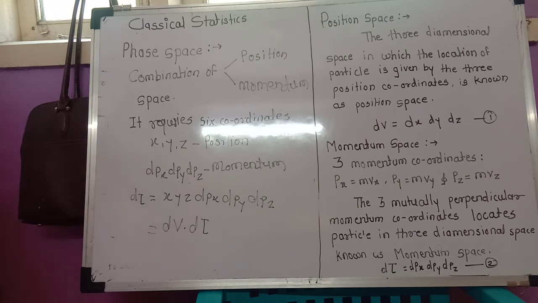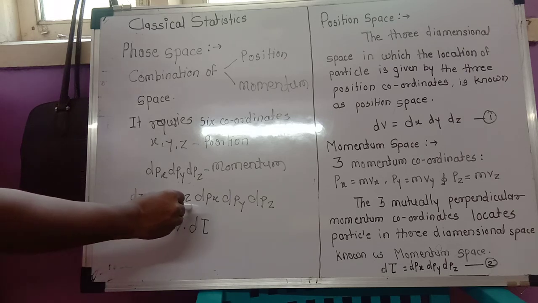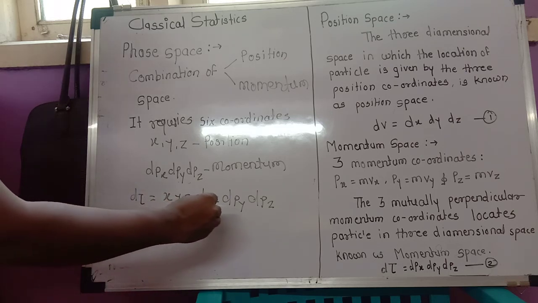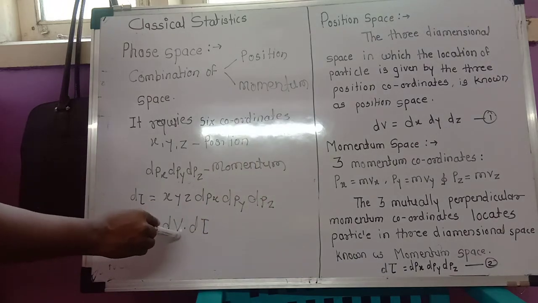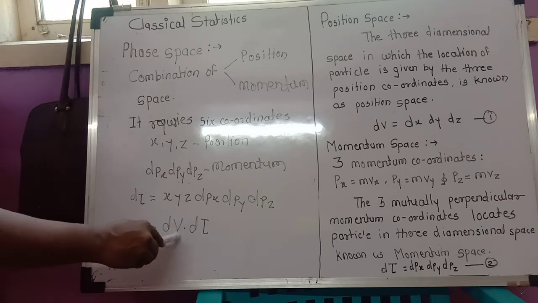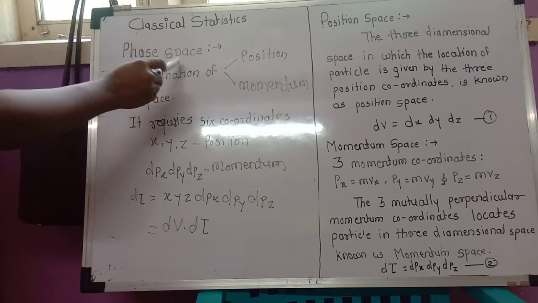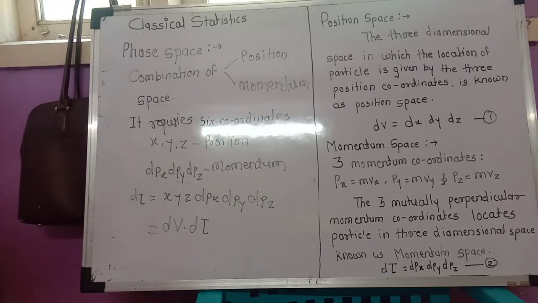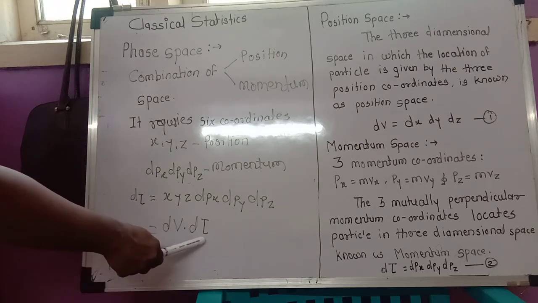Suppose we consider a small element denoted by dΓ, which is equal to dV into dτ. dV is the position space and dτ is the momentum space. So the phase space is actually the product of the position space and the momentum space.